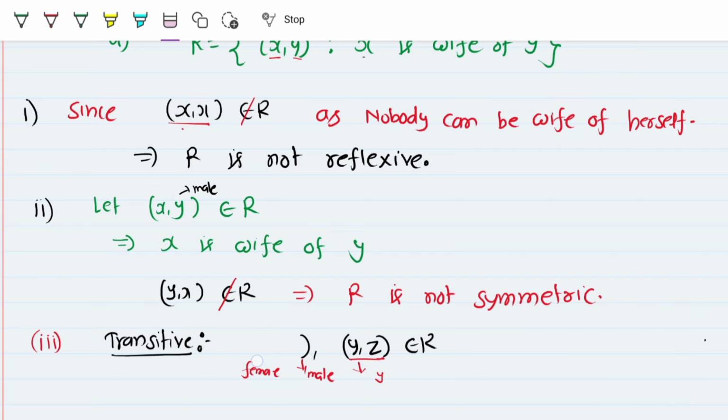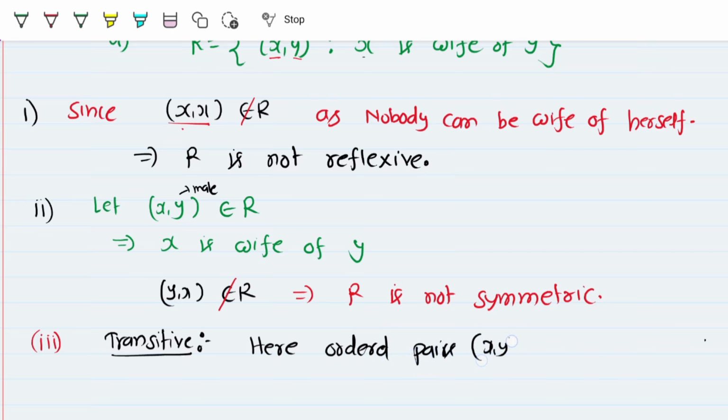How to write? You can write here: ordered pairs x comma y, y comma z do not exist.